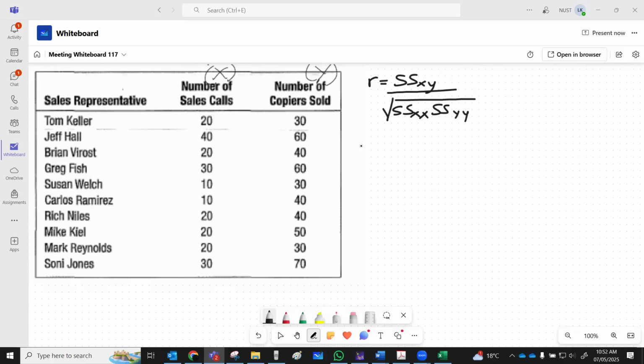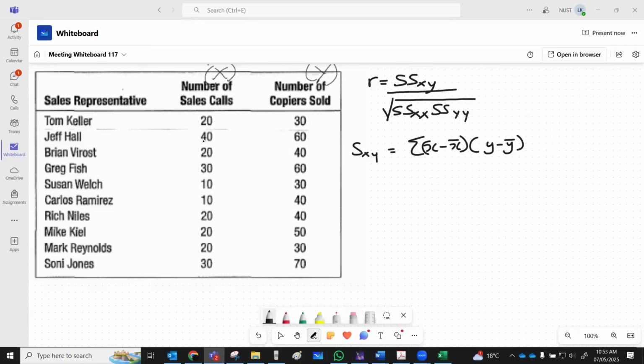Okay, so Sxy is the sum of x minus x bar multiplied by y minus y bar. So this is what we have.